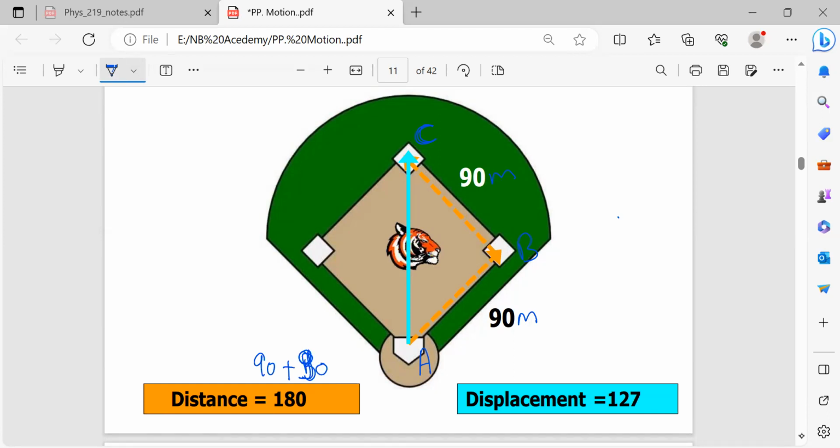So the total will be 180. But the displacement from A to C, suppose that it's given on the drawing, will be 127 meters. And we have to write the direction, so it will be up or north. So you have to mention the direction.